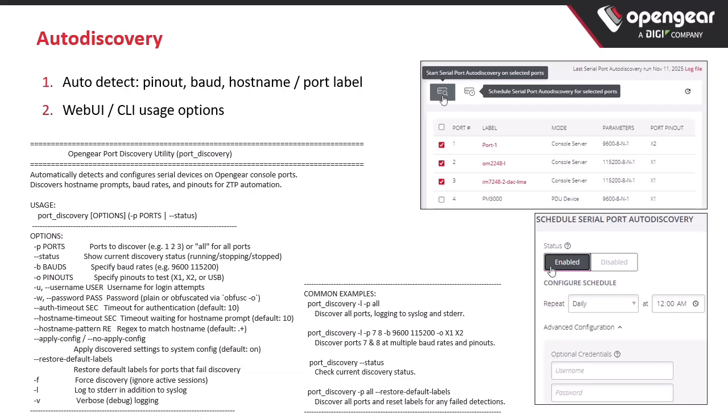The only options that the WebUI gives you for auto-discovery is, do you want to run it now or later, and do you want to supply some form of credentials? Think hard about the supplying of credentials here because these do go into the Opengear appliance config.